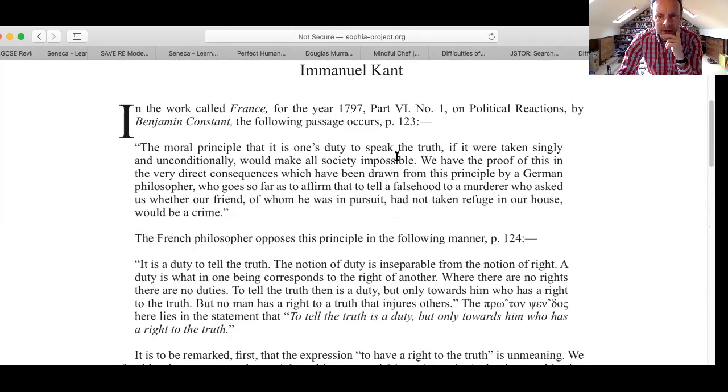He writes to him and says, the moral principle that it is one's duty to speak the truth, if it were taken unconditionally, would make all society impossible. We have the proof of this from the very direct consequences which have been drawn from the principle by a German philosopher, who goes so far as to affirm that to tell a falsehood to a murderer who asked us whether our friend of whom he was in pursuit had not taken refuge in our house would be a crime.